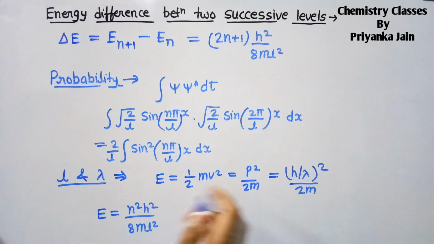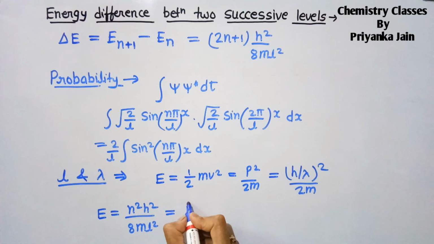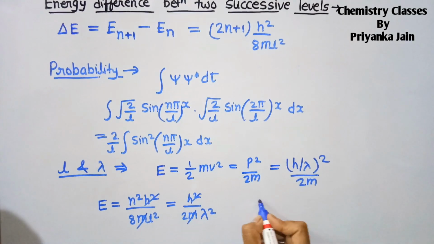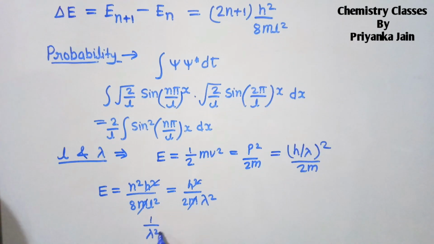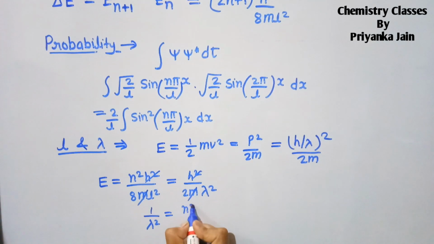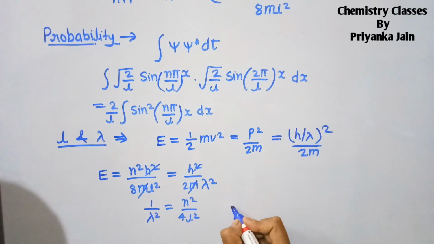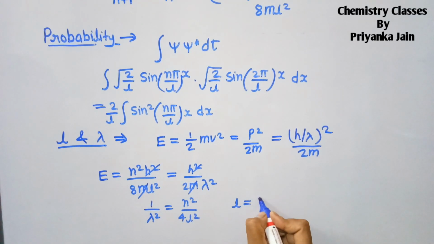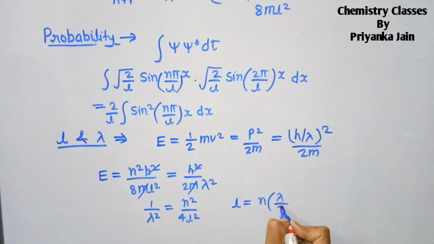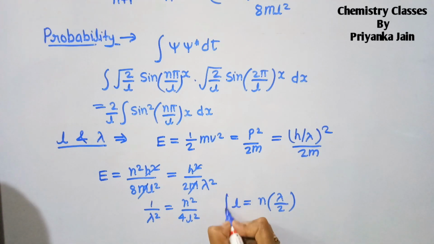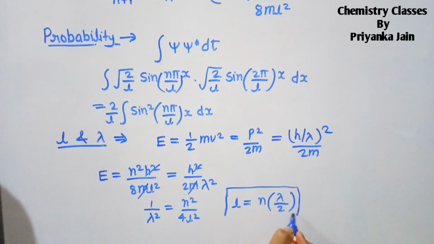Now we can equate this with it, h square upon 2m lambda square, right? This will cancel out, this will cancel out. So what is the remaining thing? 1 upon lambda square will be equal to n square upon 4L square, right? So we can write L is equal to n lambda upon 2.